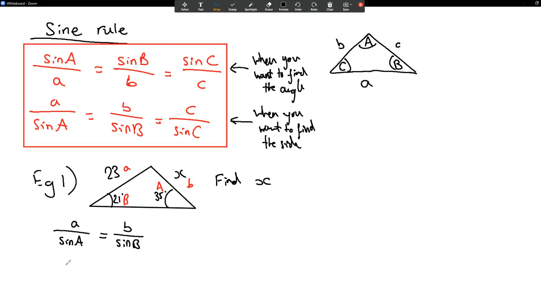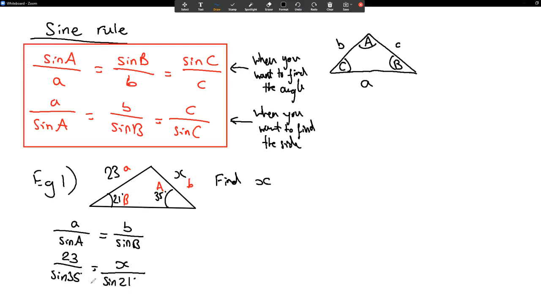So we have 23 over sine 35, and then we have b, which is x, over sine 21.